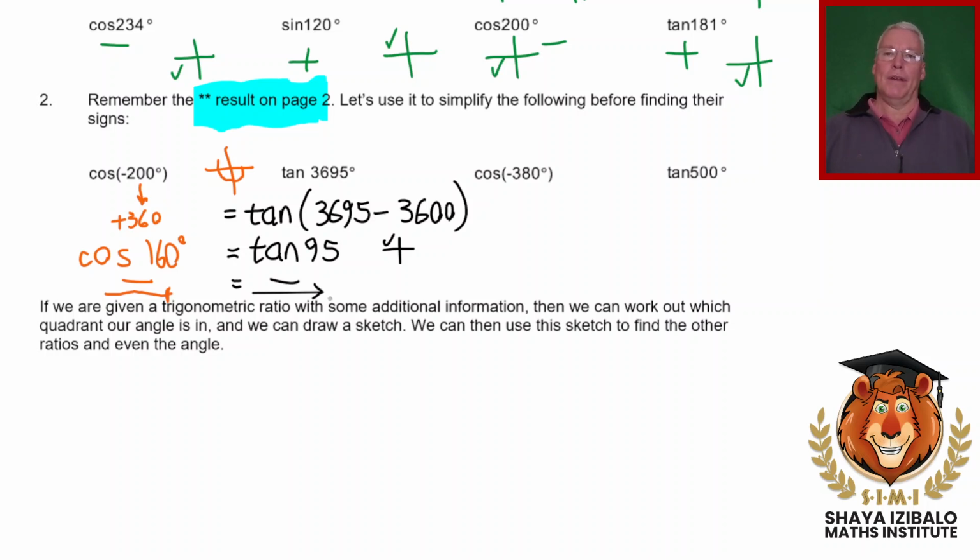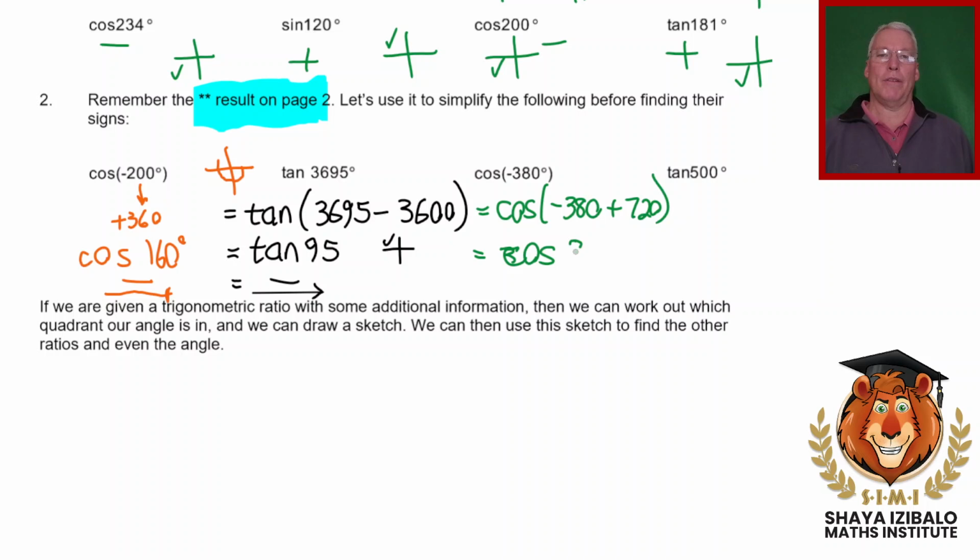What about cos of negative 380? Let's add 720 degrees. 720 degrees is 2 lots of 360. So this will be the same as cos of minus 380 plus 720, which is cos of 340 degrees.